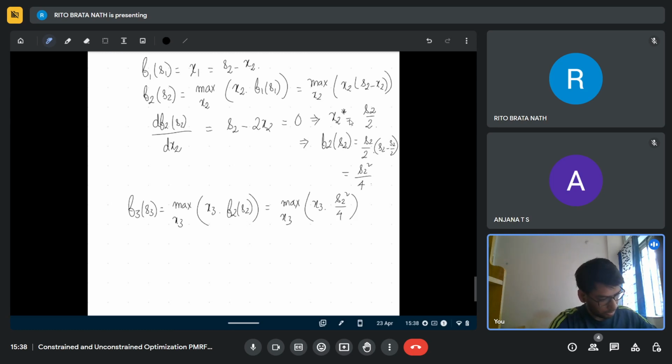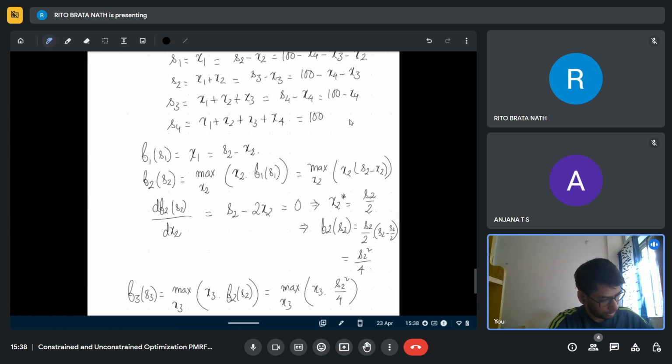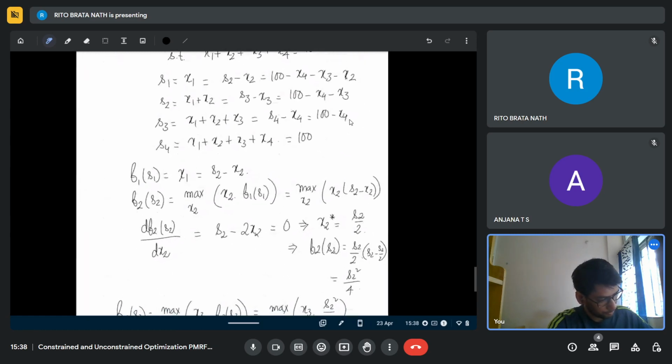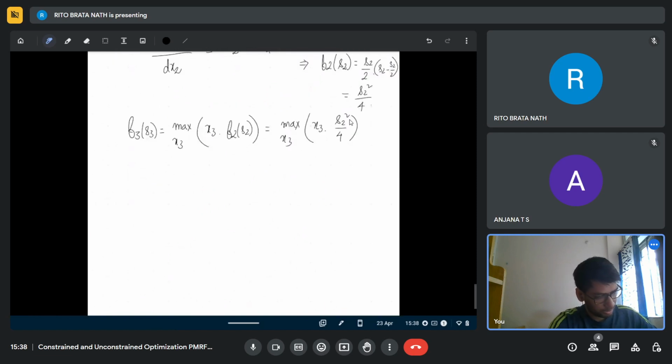And also s2 I can replace in terms of s3 minus x3. This is s3 minus x3 whole square divided by 4.